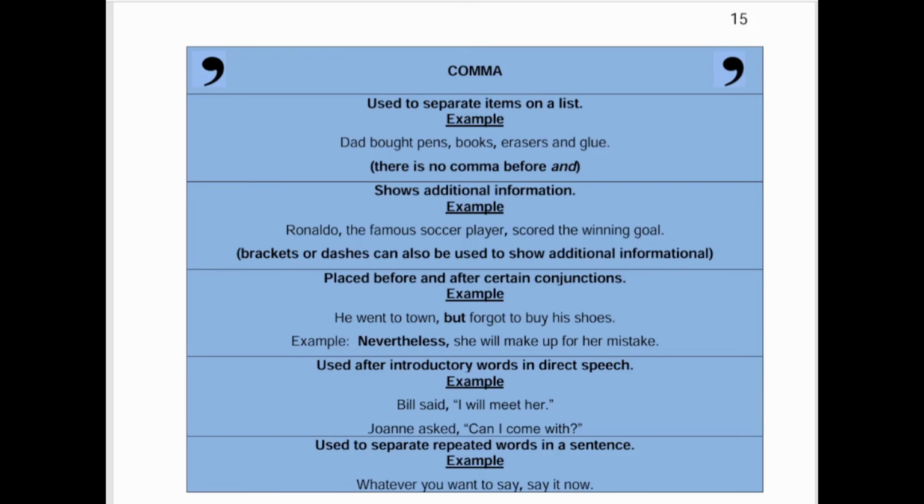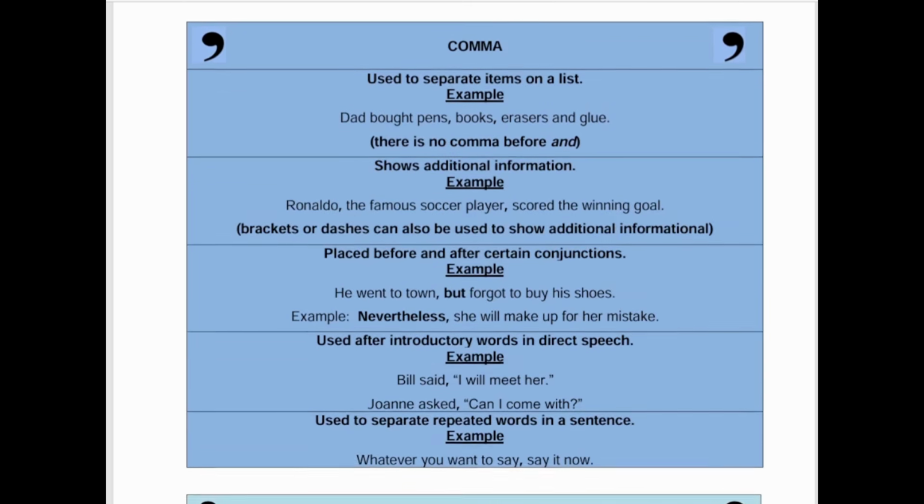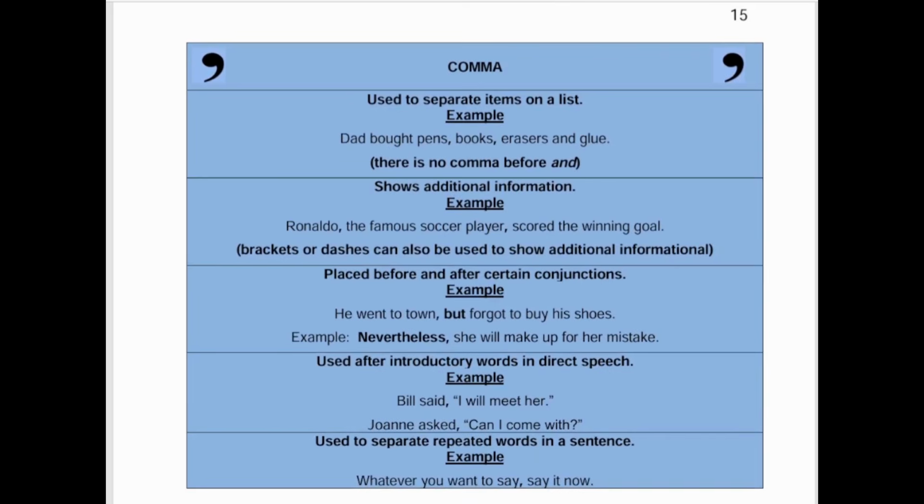So from that statement, you can see that Ronaldo is the one who scored the goal. But there is some added information in that statement: the famous soccer player. That information was unnecessary. You can ignore it and say Ronaldo scored the winning goal.